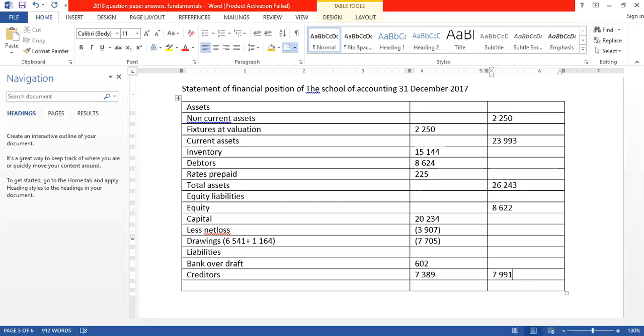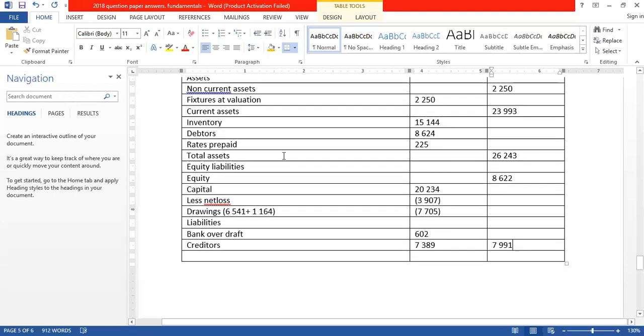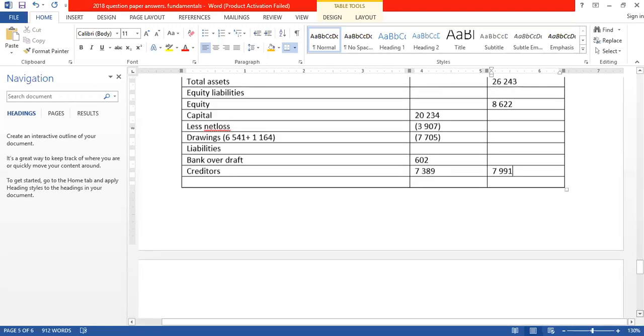Oh, okay, we actually forgot an amount at our capital.